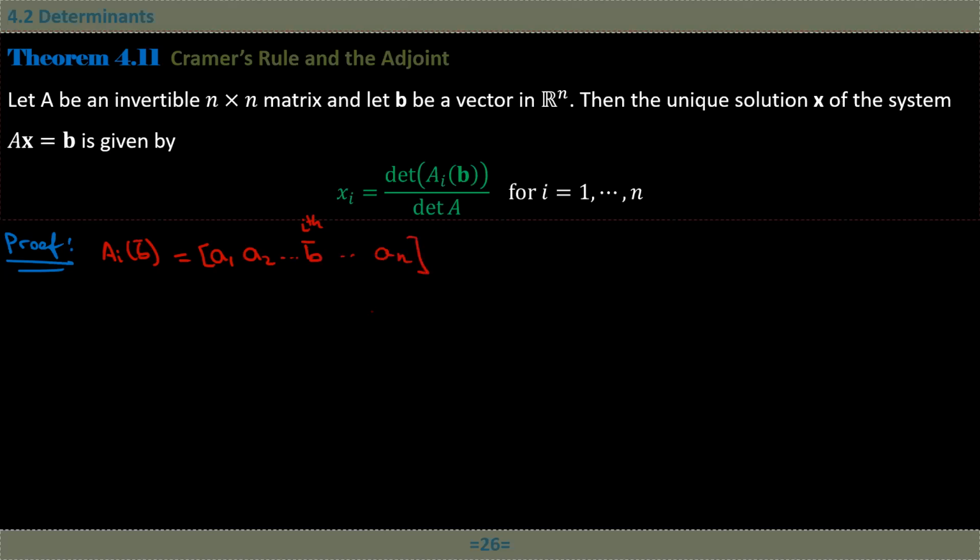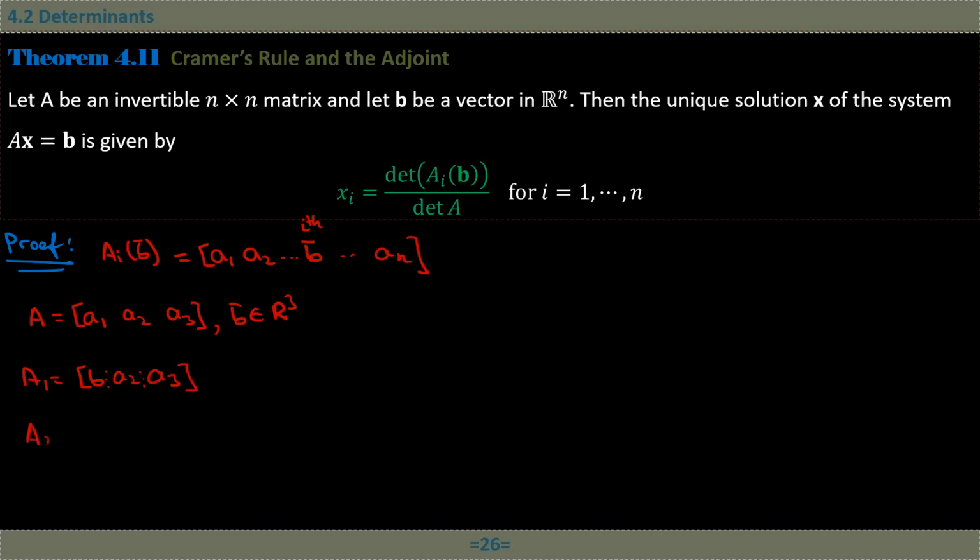For example, if we are talking about a 3 by 3 matrix with columns A1, A2, A3, and B is a vector in three-dimensional space, then by A_1(B) we mean the matrix B, A2, A3. Actually, I should write dots because these are partitions.